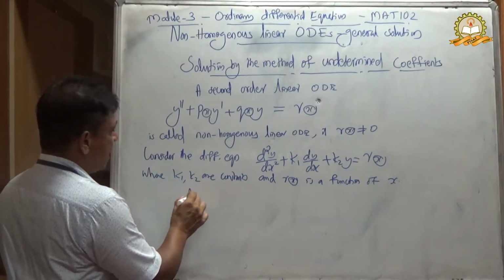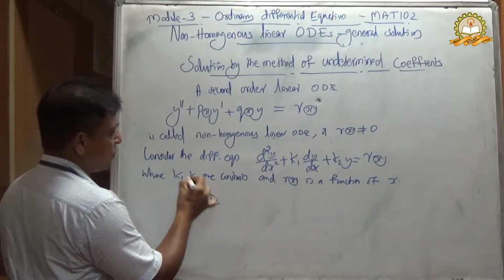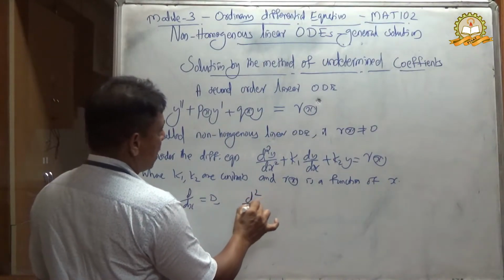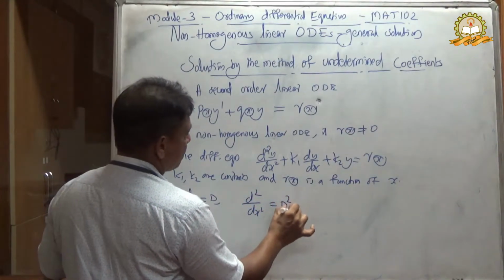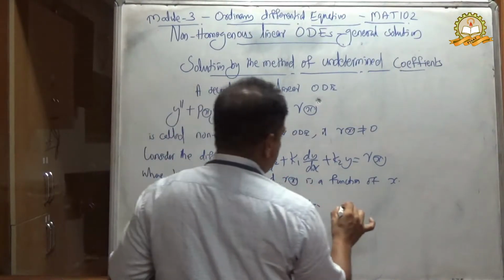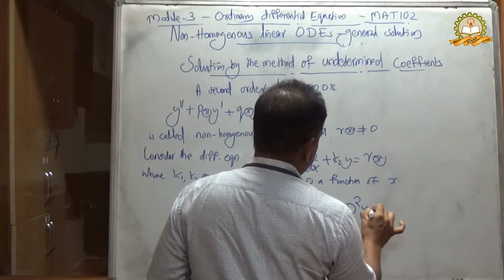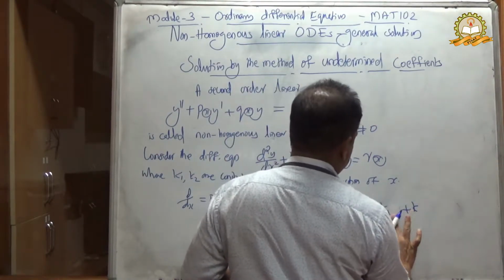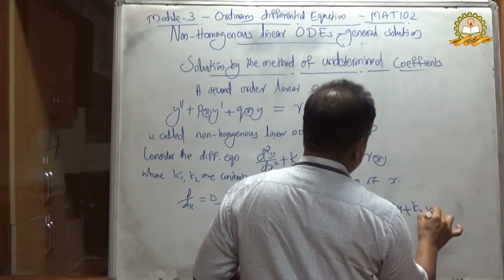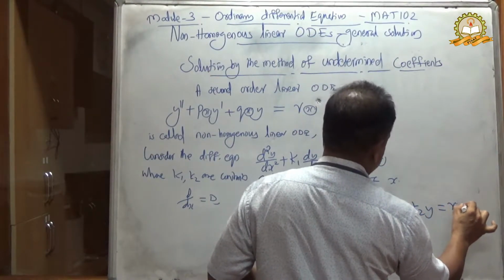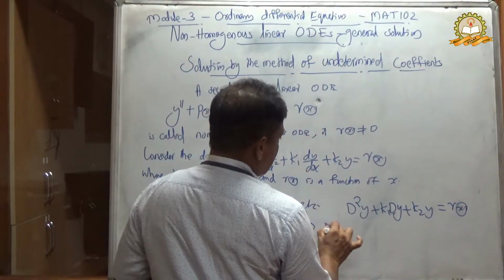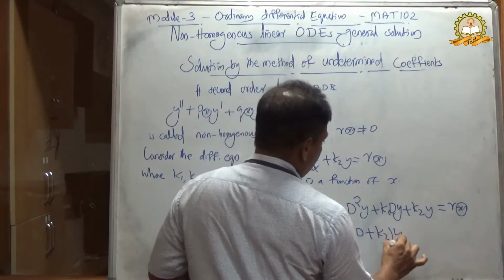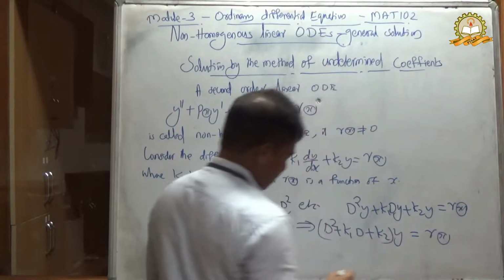For that, we take d/dx as D, and d²/dx² as D², etc. Therefore, the equation will be D²y + k1 Dy + k2 y = r(x). That is, (D² + k1 D + k2) y = r(x).